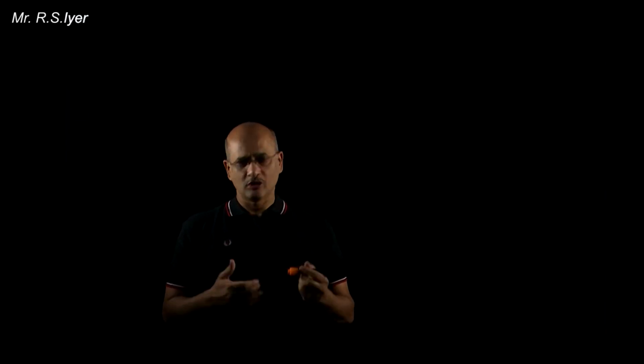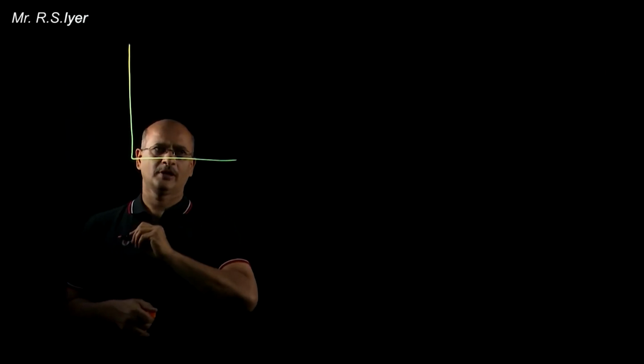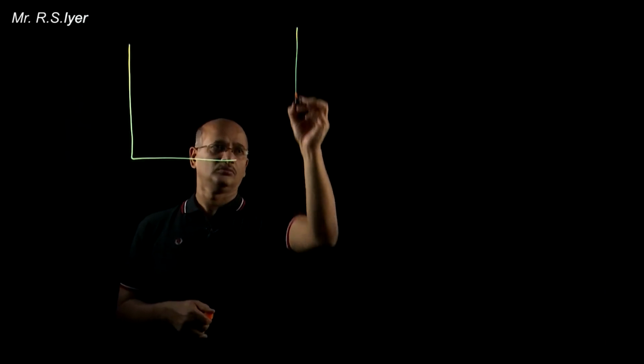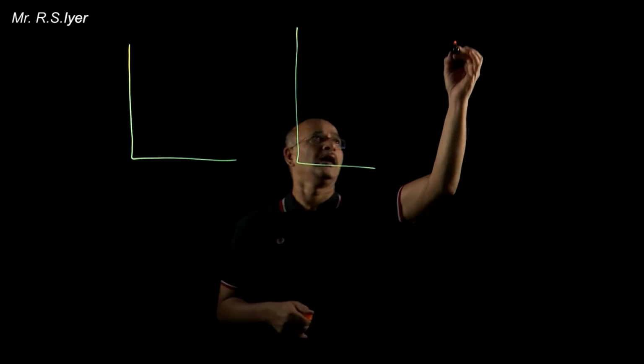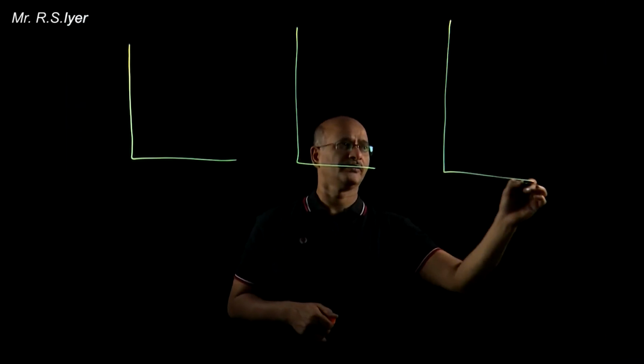I am going to give you three particular cases on the graph. Let us begin with this part clearly. Suppose I give you a graph here, 1, 2 and finally 3.